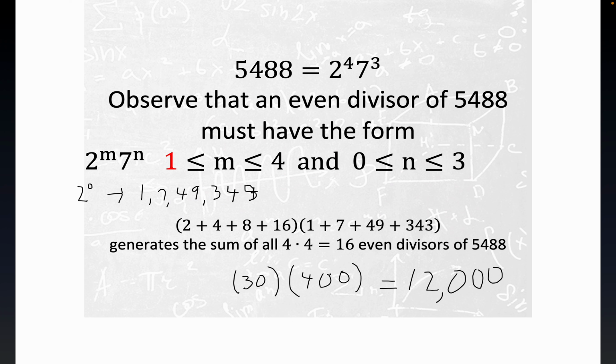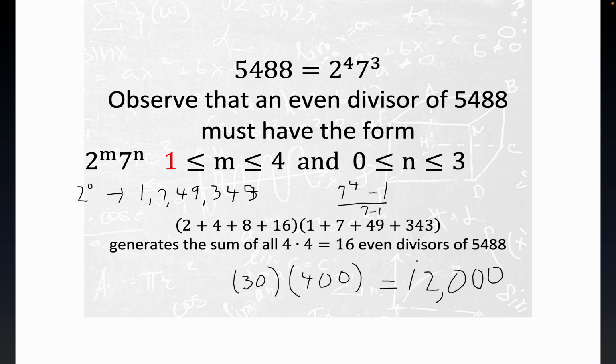There is a result here that gives you the same thing. If you're interested, you could write 7 to the 4th, and if you think of a finite geometric series, you'll remember why this is true. It's 7 to the 4th minus 1 over 7 minus 1. So if you carry out this computation, you should get 400 also.